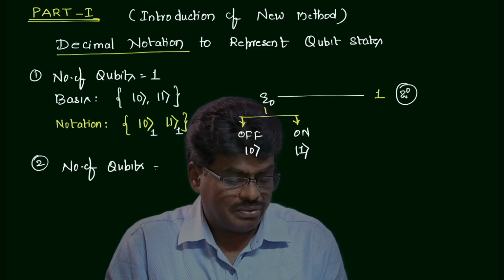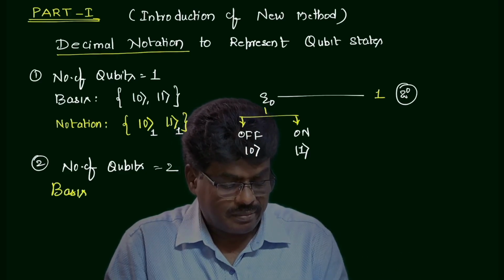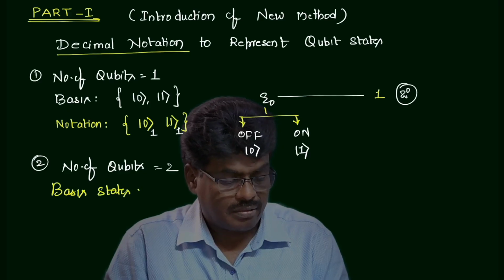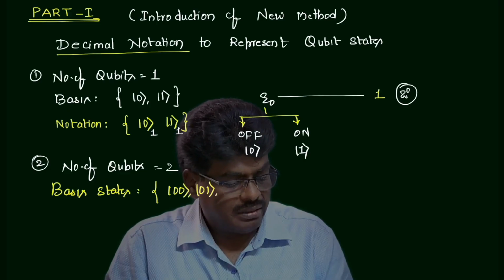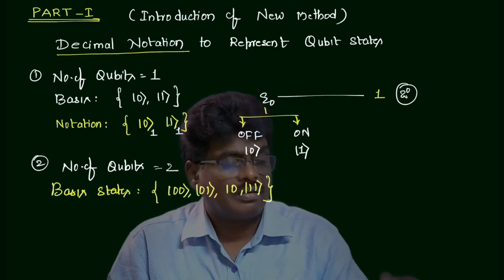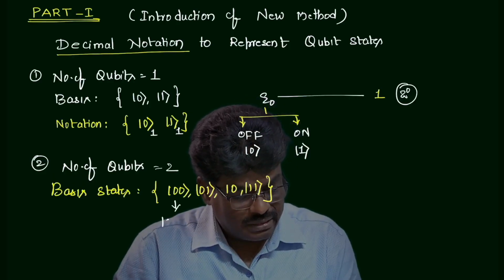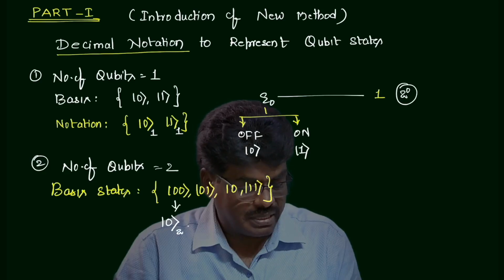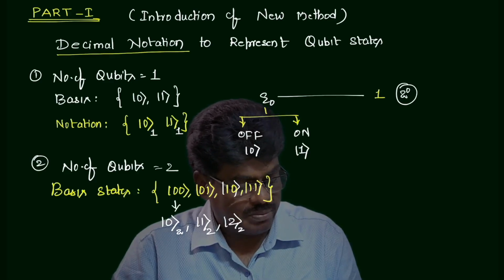If you have a number of qubits 2, then generally base states in the decimal notation we have 0 0, 0 1 and 1 0, 1 1. So in this method, I'm going to represent this as a 0, but 2 qubits are there, and this is a 1 with the 2 qubits, and this is a 2 with the 2 number of qubits, and this is a 3 like this.